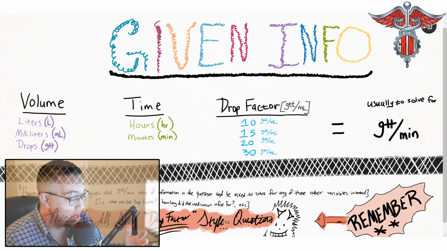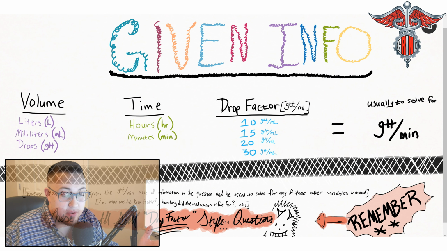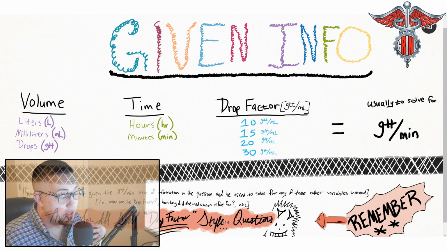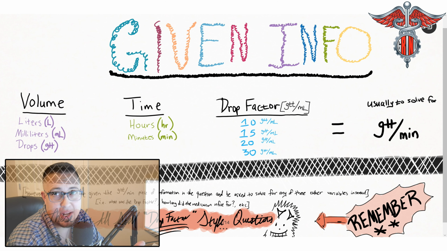So for instance, you could be given all this information and be asked, well, what was the drop factor of the tubing that they were using? Or you could be asked, well, how long did this medication infuse for? They could be asking you to solve for hours or for minutes. So just bear in mind in the back of your mind that these are still considered drop factor style questions.